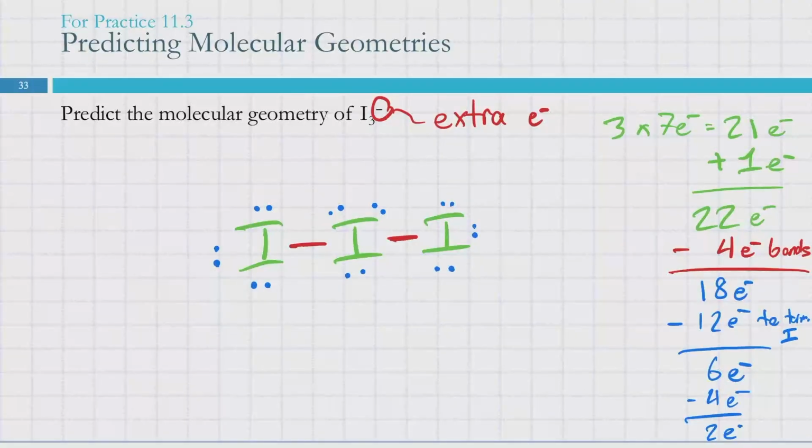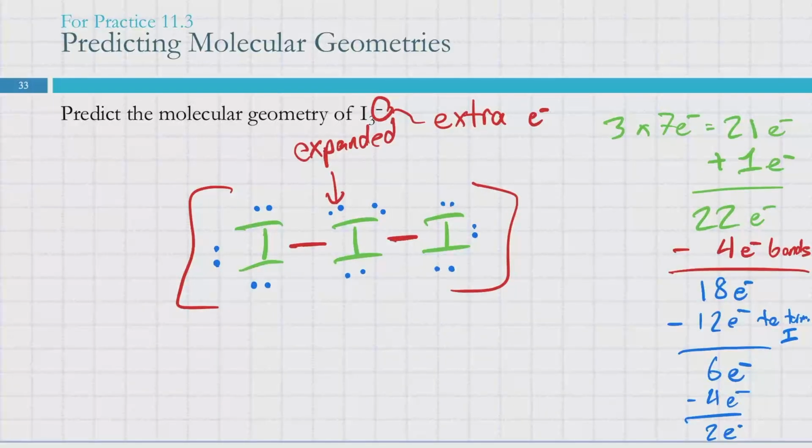If we tried to do the same thing with fluorine, fluorine is small. It does not have d orbitals because it's in row 2. And so we would not be able to make this compound with the negative charge. So it goes in there. We get an expanded octet, and we put a 1 minus charge on the outside.